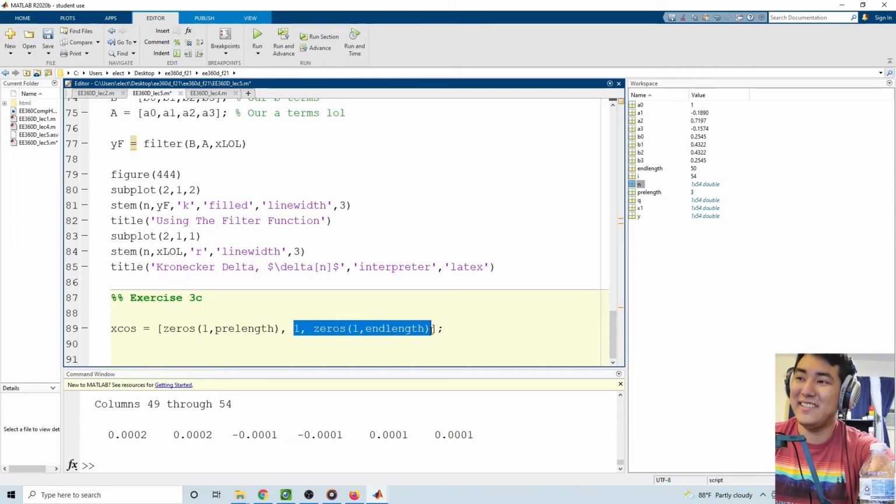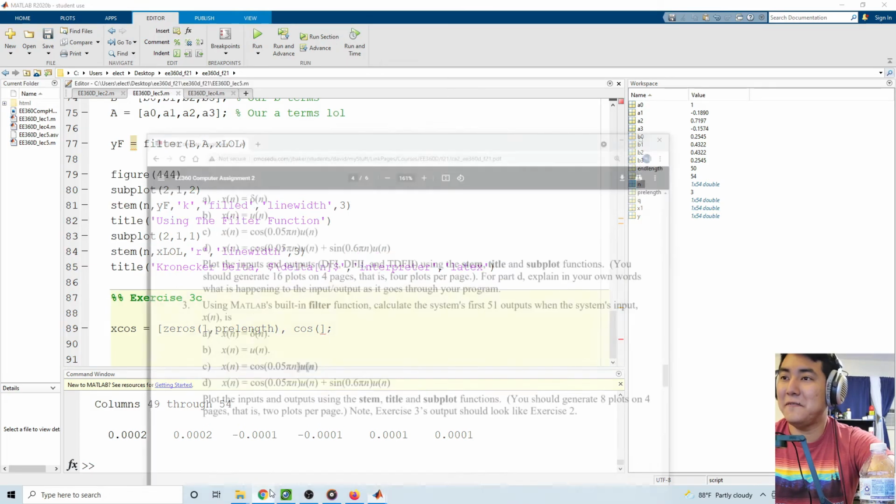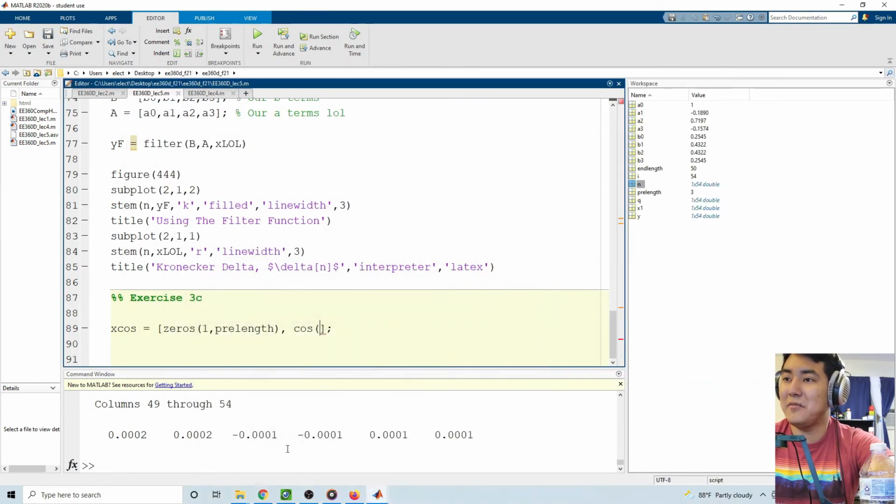All you've got to do is cosine of 0.05 dot times n. Should you be doing that? No, don't do that.